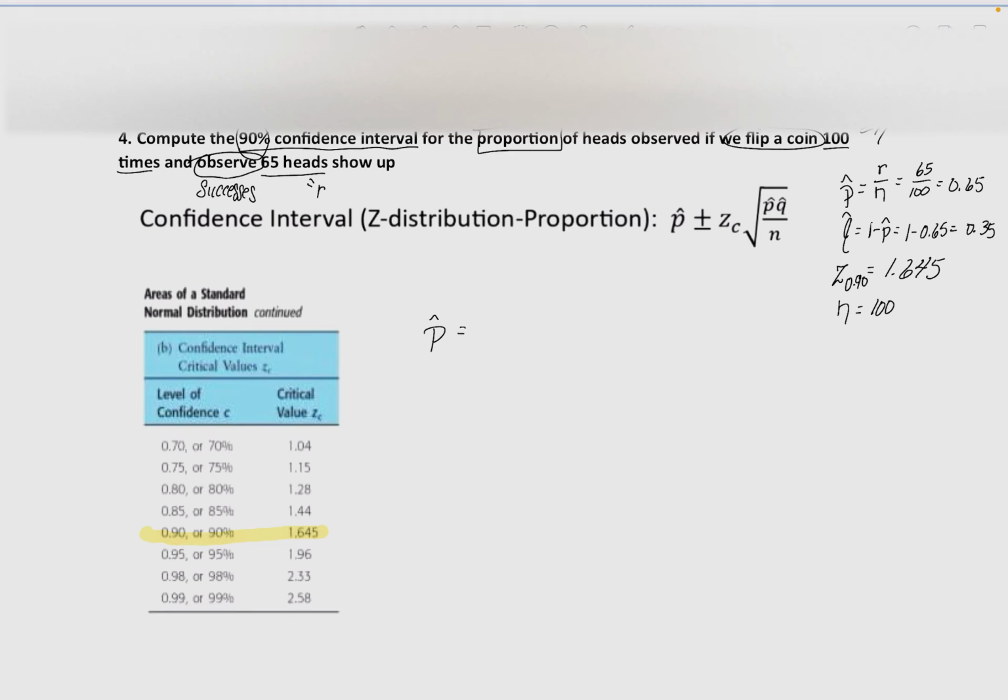So p hat plus or minus the margin of error, which is our critical value, z critical value, multiplied by the square root of p hat q hat over the sample size. Okay, next we're going to plug in all of the numbers. So p hat is 0.65. So wherever we see p hat, we're going to put 0.65.